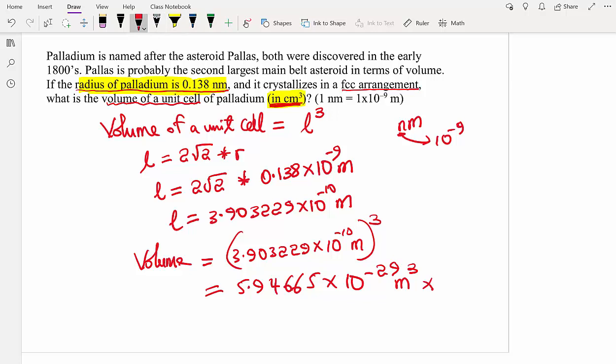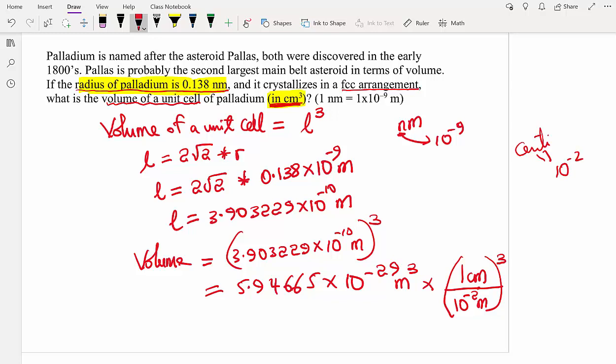If we multiply this by 10 to negative 2 meters equals to 1 centimeter, everything to power 3. Why is it 10 to negative 2 meters? Because centi literally means 10 to negative 2.